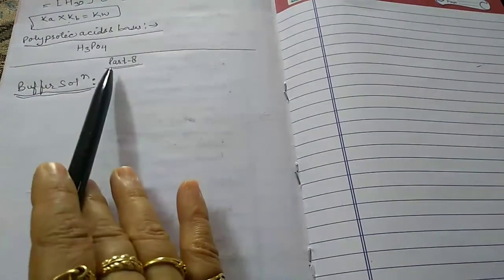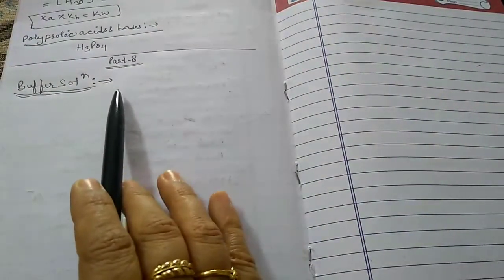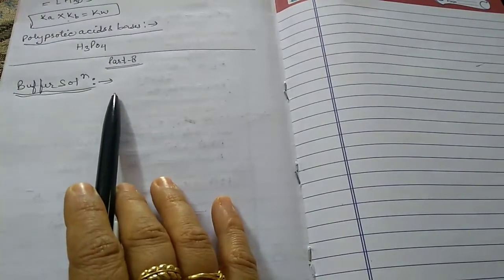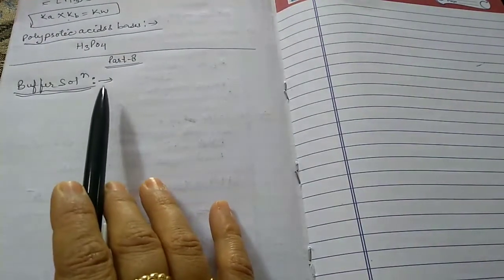Many body fluids. If we are talking about the fluid inside our body, we have two main types of fluid: the first one is blood, and the second one is urine. Many body fluids, for example blood or urine, have a definite pH.